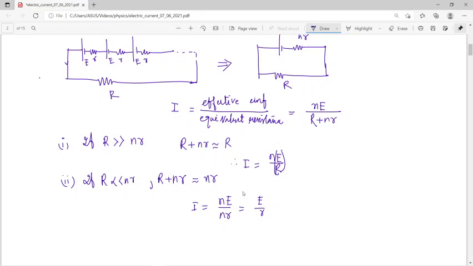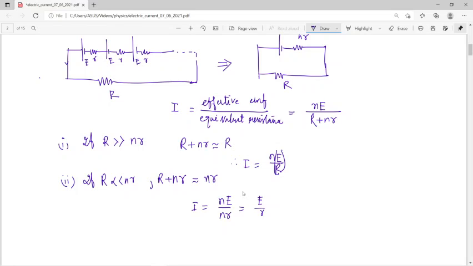Now if different cells are connected in series, then also you can find it the same way. The total resistance of the circuit should be written by a formula, considering that the EMFs are connected in different directions.